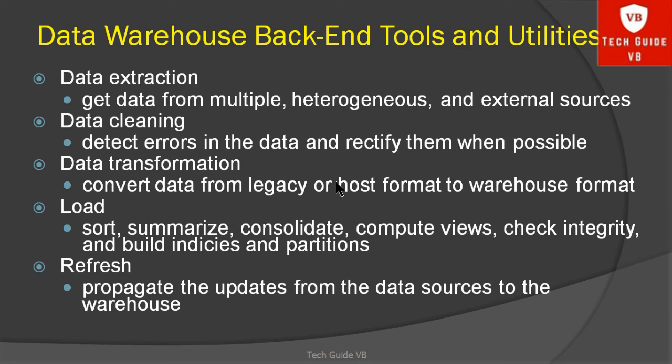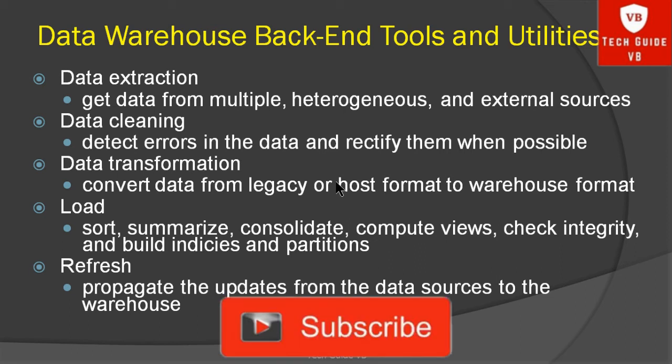We are converting data from legacy or host format to data warehouse format. From the raw data, we are getting the useful information in this process. So the third is data transformation, where we are converting data according to our need.